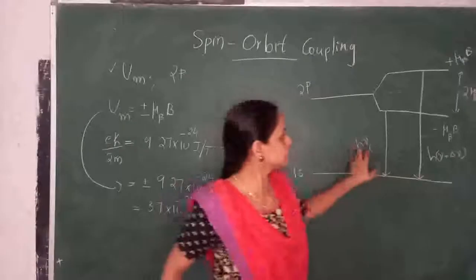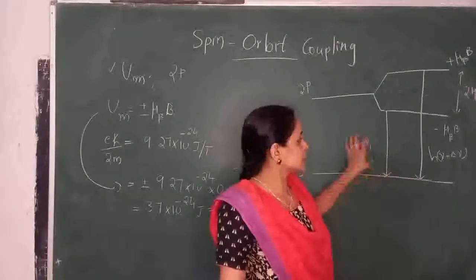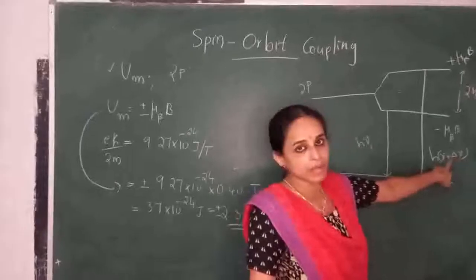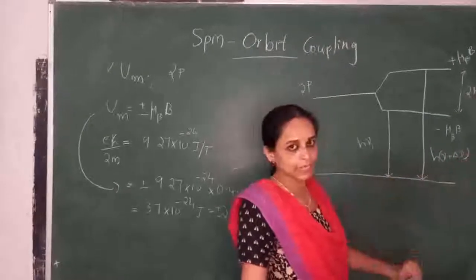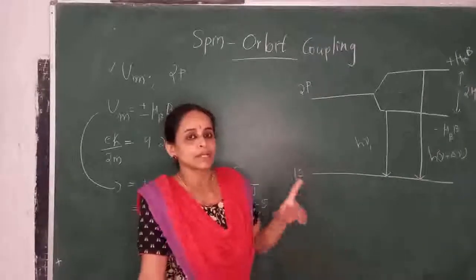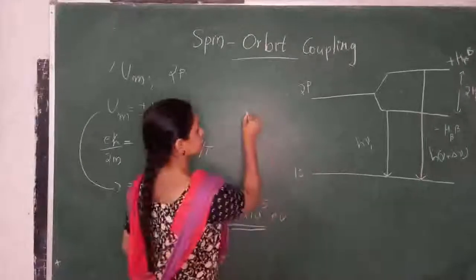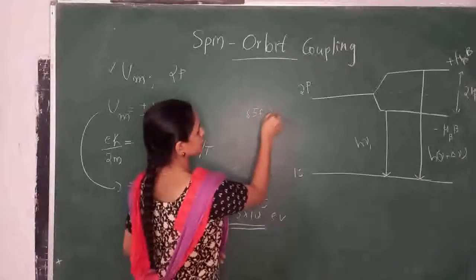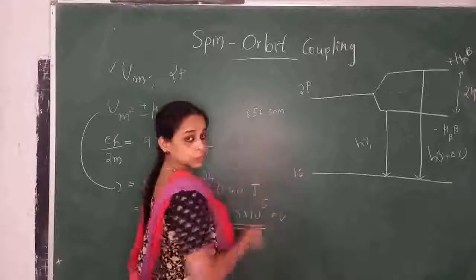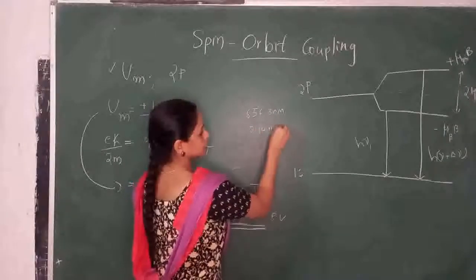So you will have two spectral lines which are separated by a small energy, that is h into delta nu. You can see that the Balmer series is splitting into two components. The spectral line of 656.3 nanometer will have two spectral lines which are 0.14 nanometer apart.